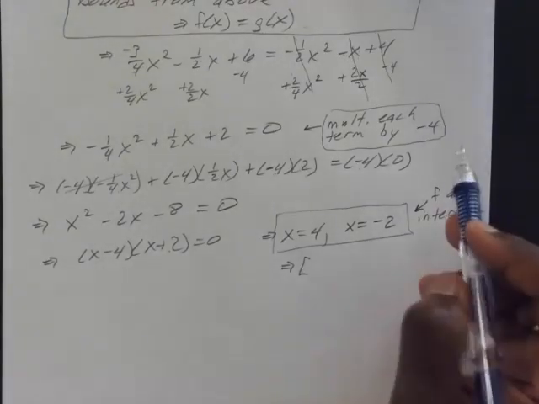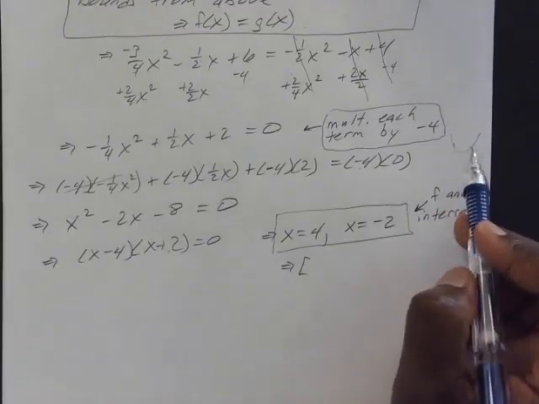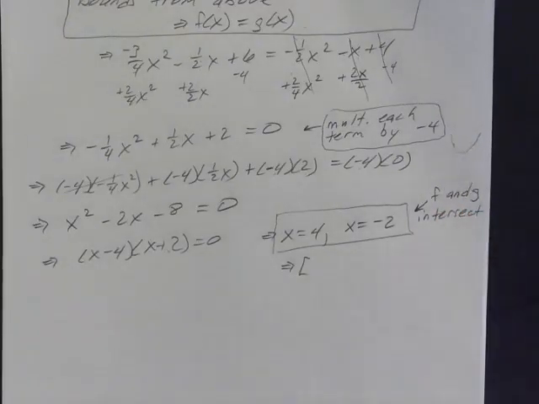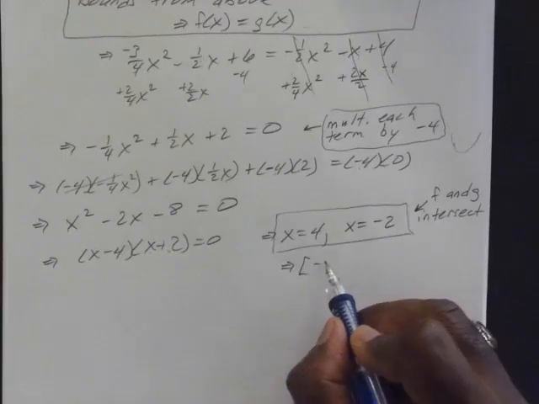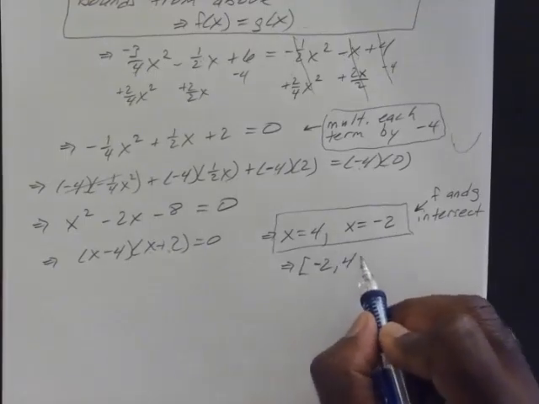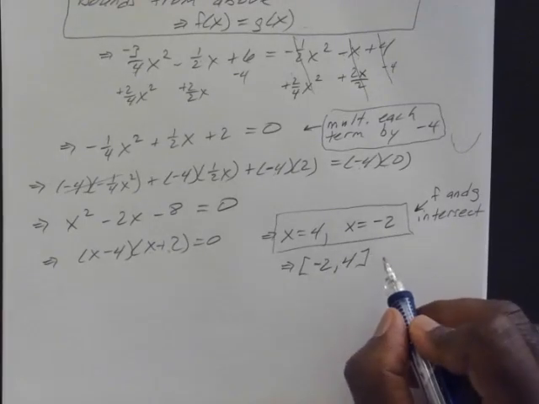Otherwise, because the graph will just go on and on forever outside of where they intersect, the area will basically be infinite. So from negative 2 to 4 is our interval.